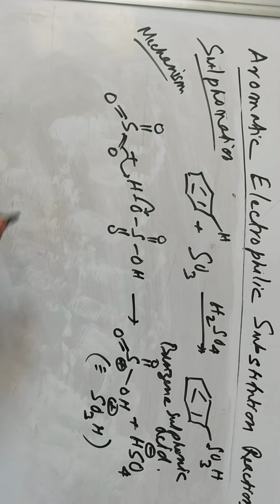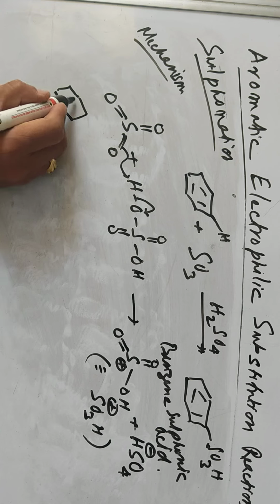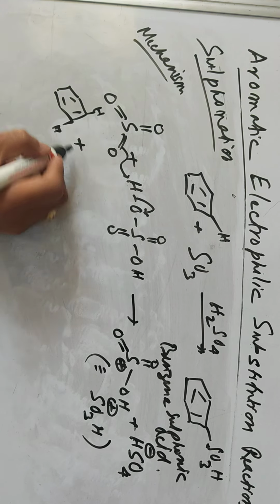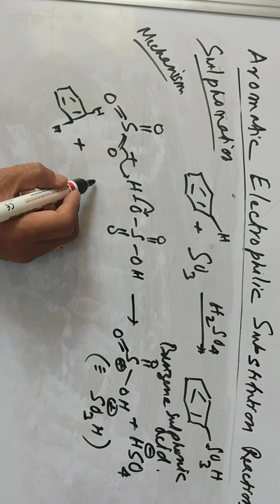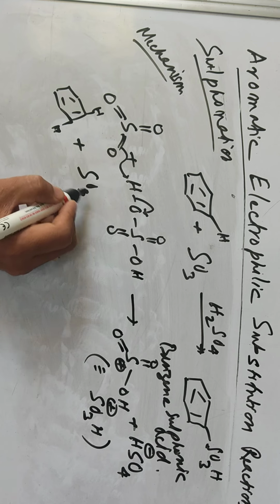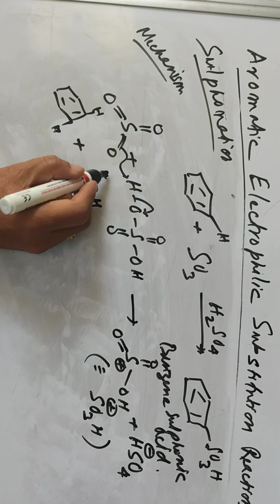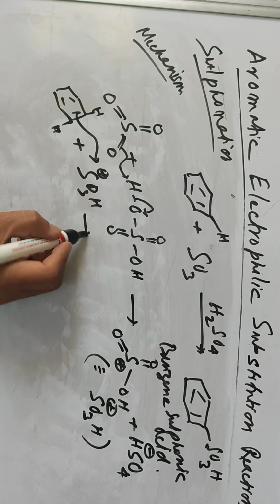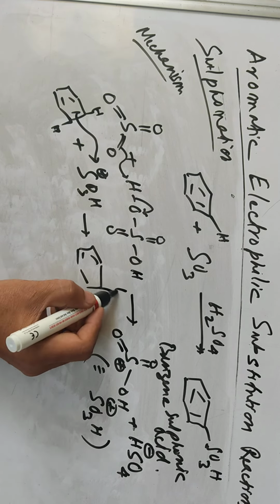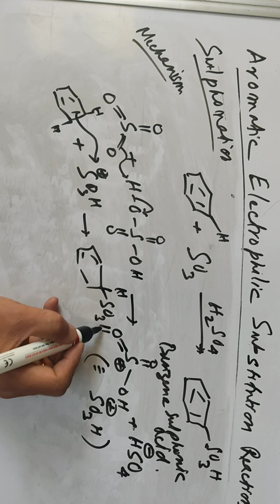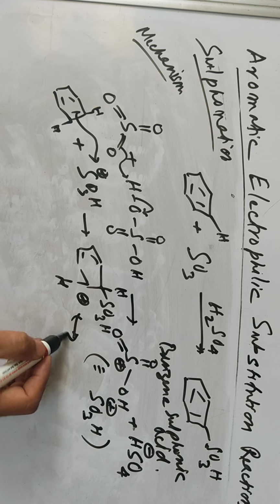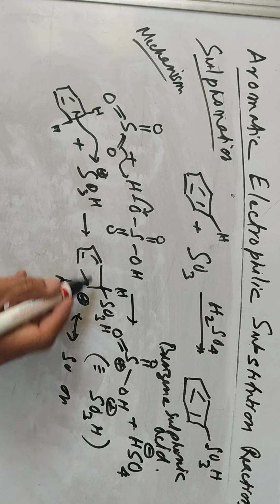Now this electrophile is attacked by the benzene ring. Benzene ring attacks this one. You can write it in a short way also: SO3H positive charge attacks here, and a carbocation is formed. This carbocation can be delocalized like earlier cases; the positive charge can be delocalized.